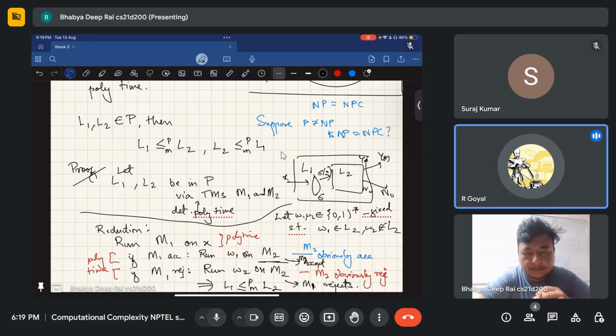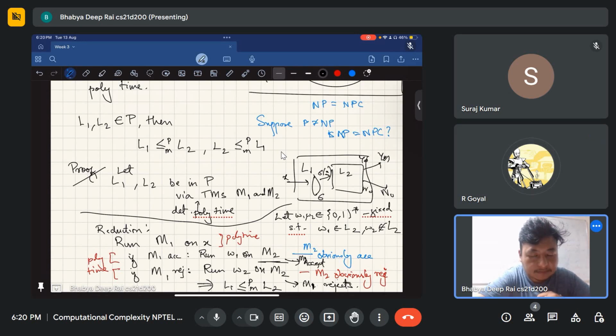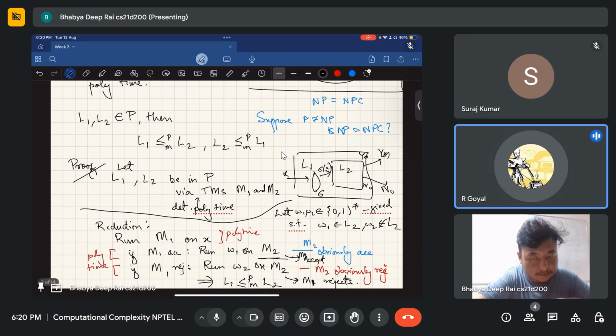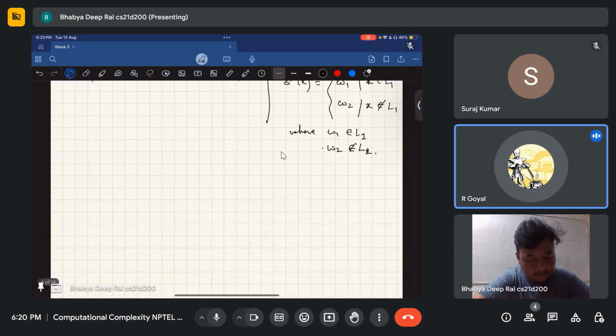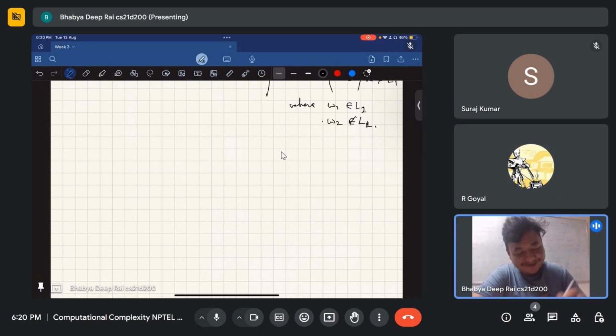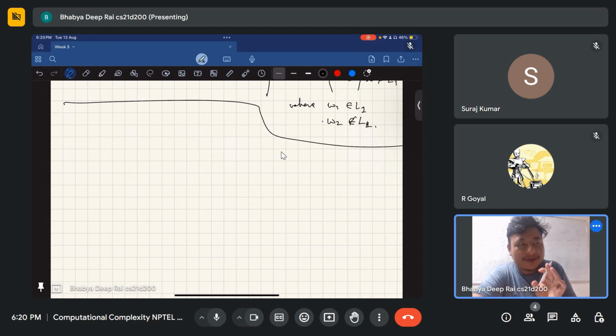Like, say, all pair shortest path, solvable in polynomial time, and an instance of getting the minimum spanning tree, again solvable in polynomial time. How can I prove that each and every instance of all pair shortest path can be rephrased into an instance of minimum spanning tree? You're right. We are not actually rephrasing it here; we are just misusing the definition of reduction.